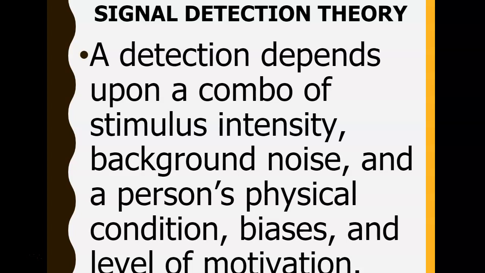Lastly, we have the signal detection theory. In signal detection theory, detection depends upon a combination of stimulus intensity, background noise, and a person's physical condition, biases, and level of motivation. Basically, the signal detection theory explains why people respond differently to the same stimuli, okay? So we respond differently to the same stimuli, and that's what this is trying to explain, why we do this, all right?